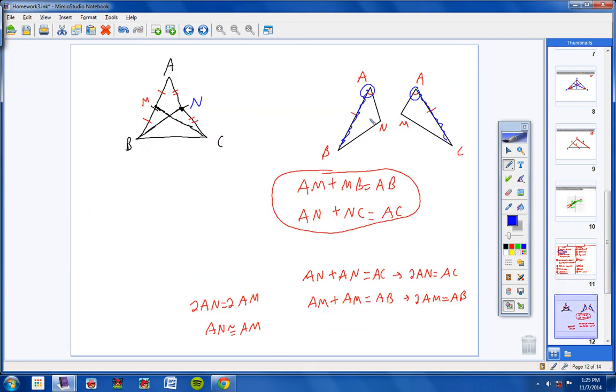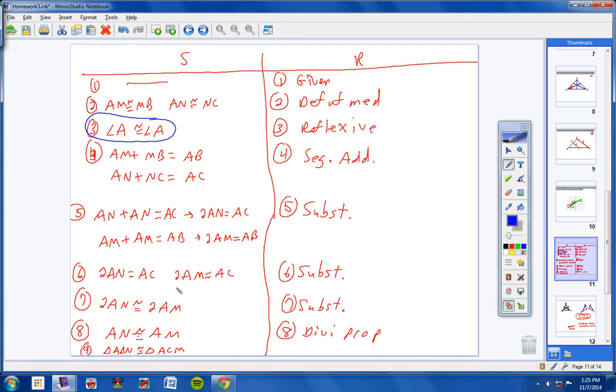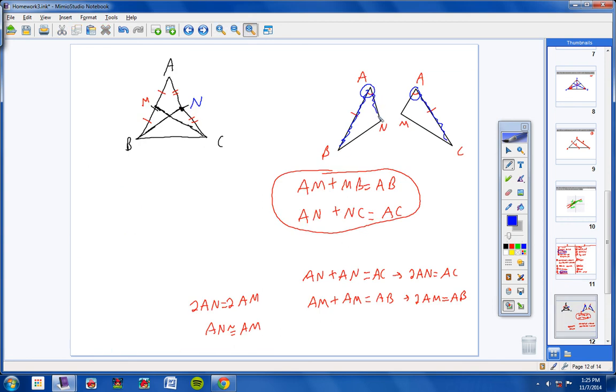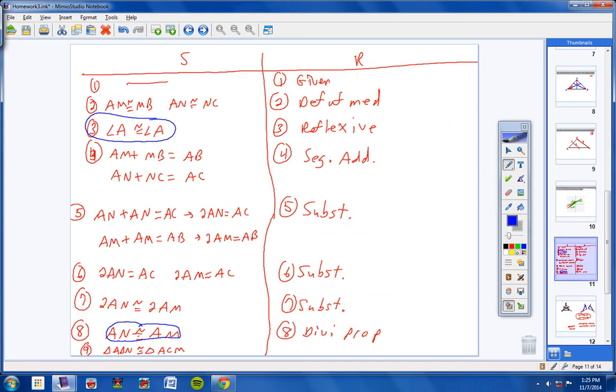And then we just stated this. Right here we stated this. AN is congruent to AM, which is this, congruent to this. So what do we have? Side, angle, side, congruent to side, angle, side. So my reason for stating that these two triangles are congruent would be side, angle, side.